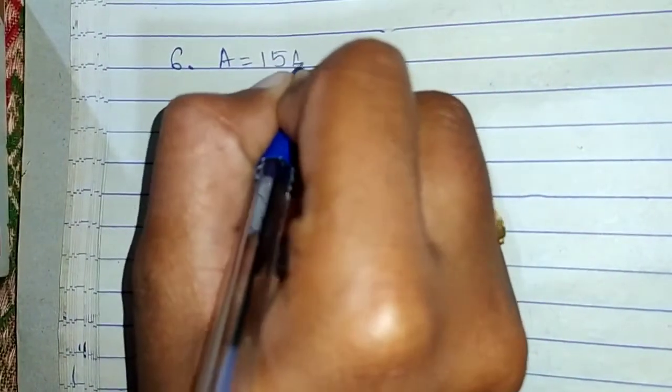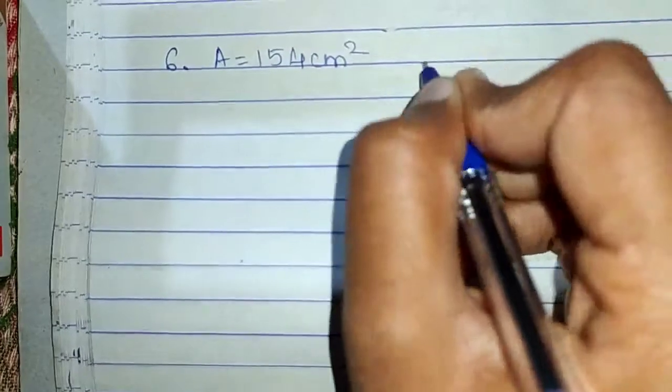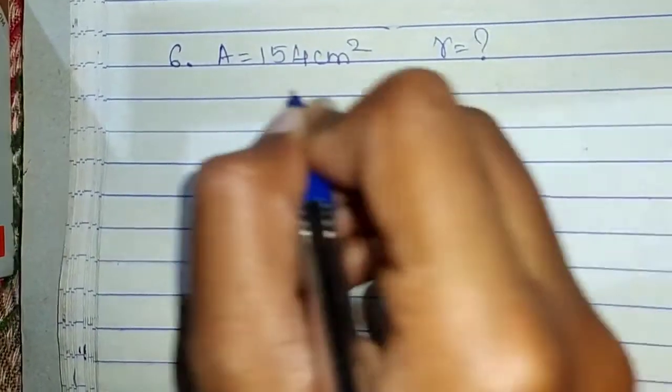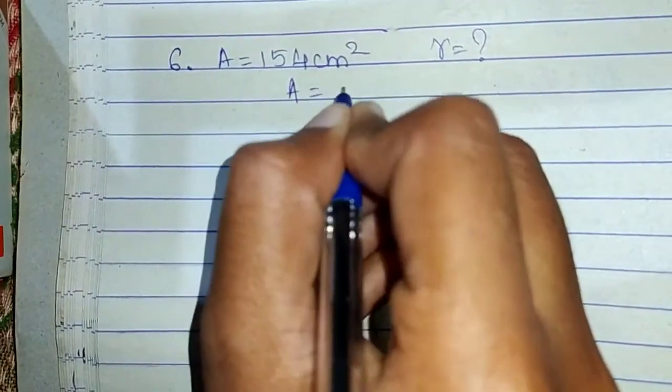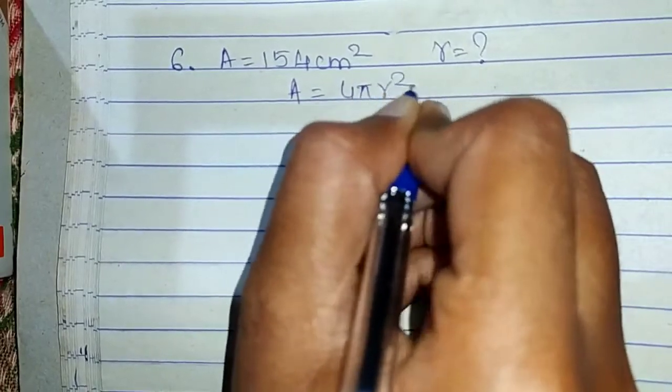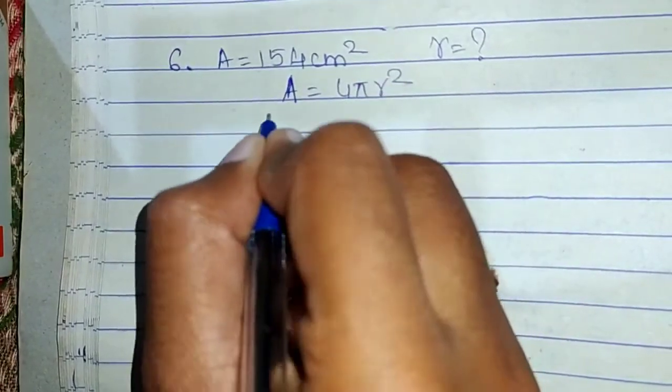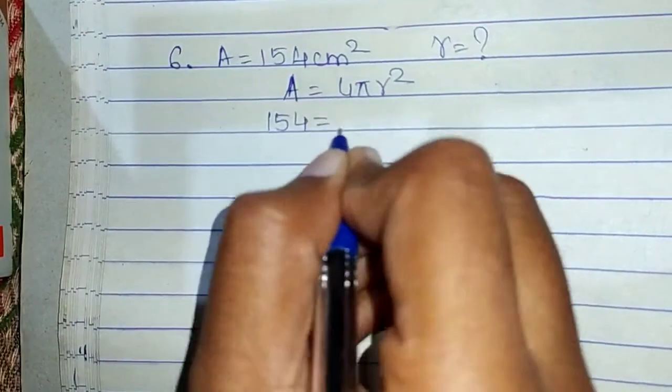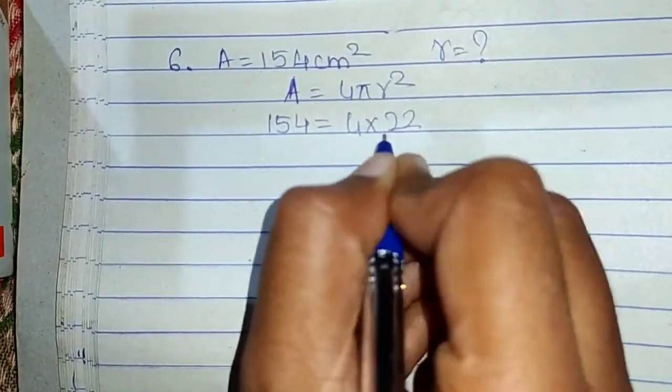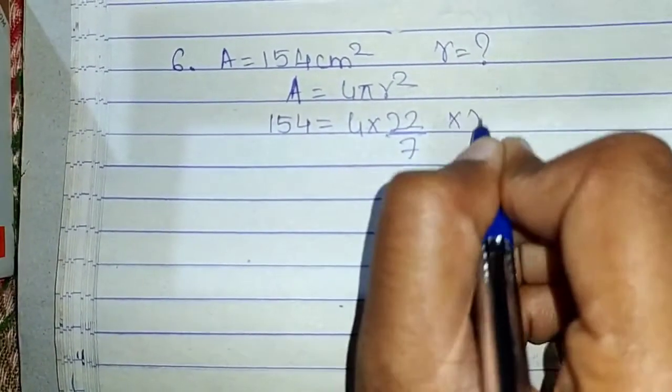Now coming to the sixth question, find the radius of the sphere whose surface area is 154 centimeters square. We know that area is 154 centimeters square and we are supposed to find the radius. We also note that area is 4 pi r square. Substituting the values, 154 is equal to 4 into 22 by 7 into r square.